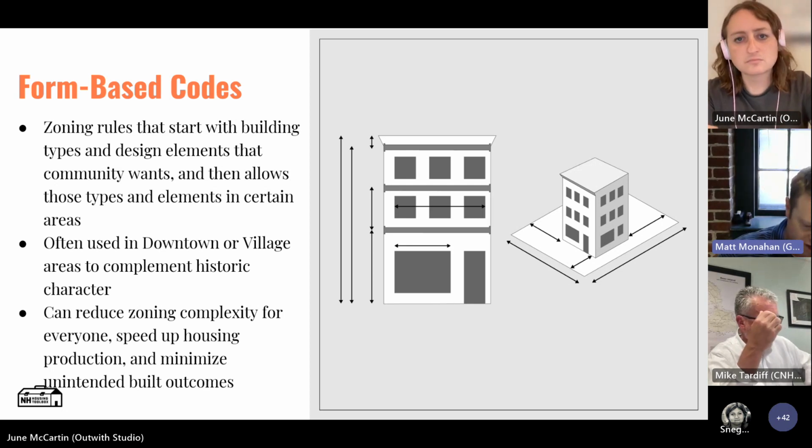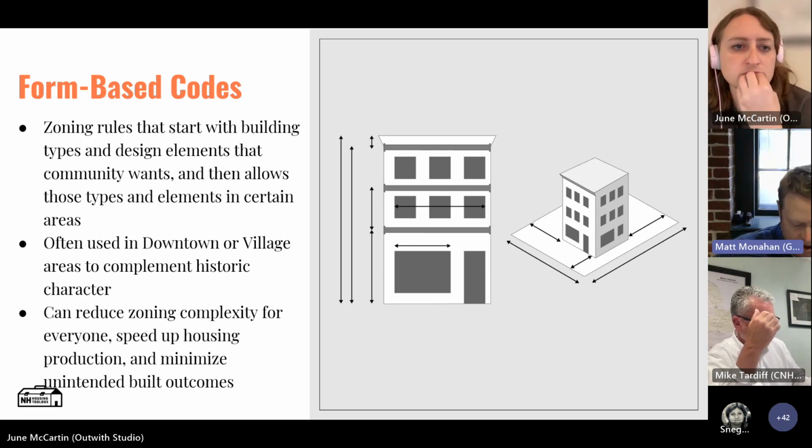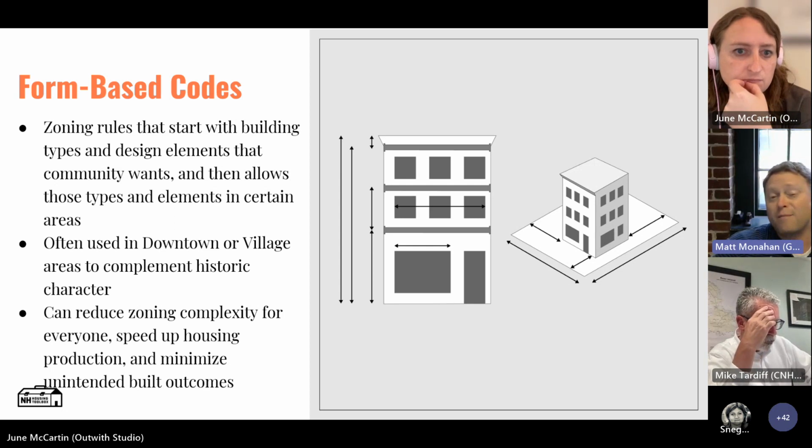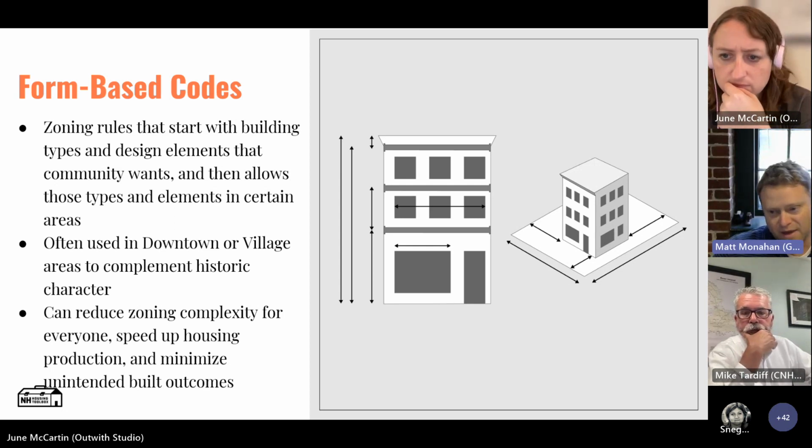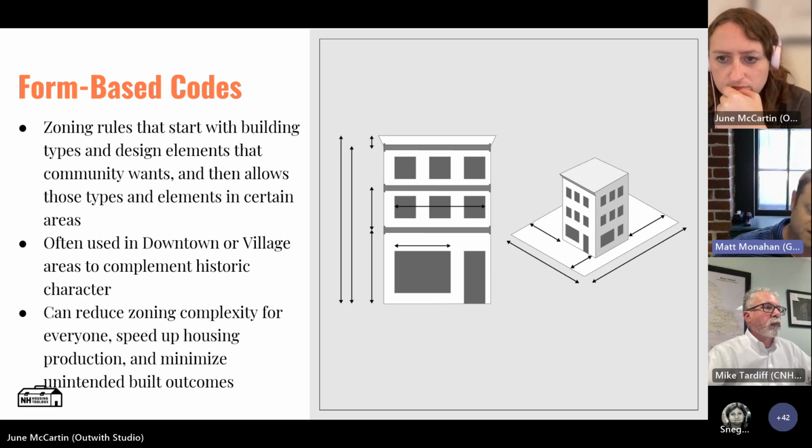It's a similar approach here. So you can have maximum setbacks instead of minimum, right? So typically you may see a 25-foot setback at least in the front. Well, in form-based code, you can actually see the opposite, where it says, pull the structure forward. We only want to see a 10-foot setback, as a for instance.